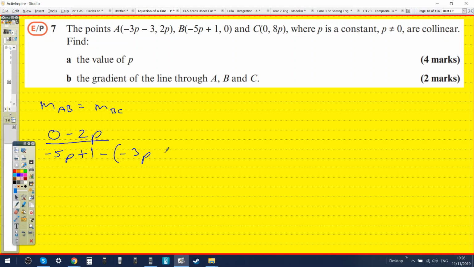And I'm just going to put that in the bracket. And then do I have to write out the same thing for BC? Mm-hmm. And then I'll have to make them equal, won't I? Yeah.